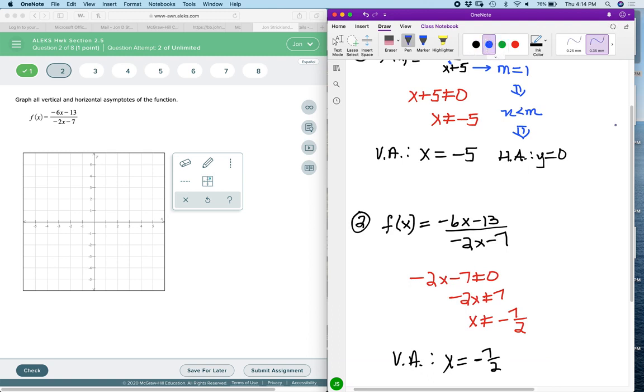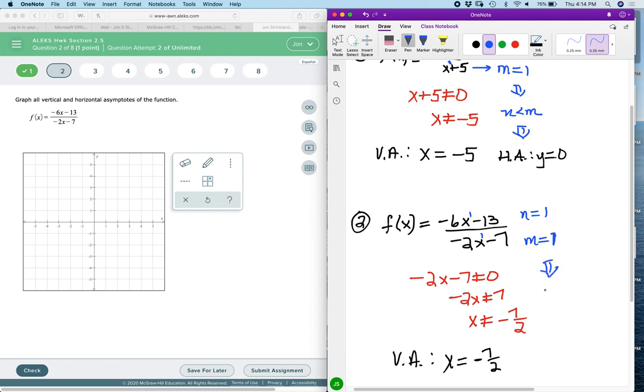Going back to the layout for the horizontal asymptote, in the case of the numerator, n is equal to 1. Likewise, the higher order term in the denominator is first degree in x, so m is also equal to 1.